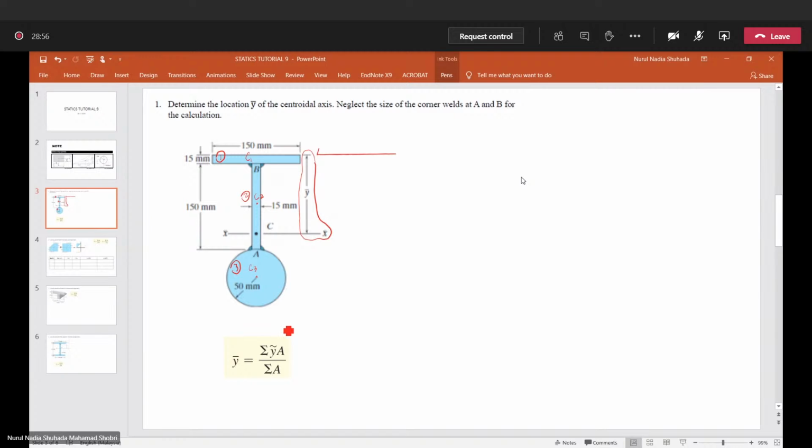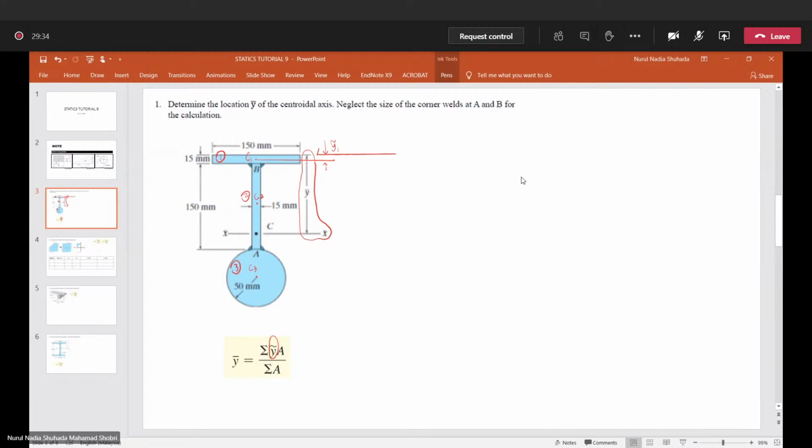As you can see from the formula, we have to find the value of centroid for each geometry. Since the question already gives us a clue from which to which we have to calculate the value of y, we just need to find the value.